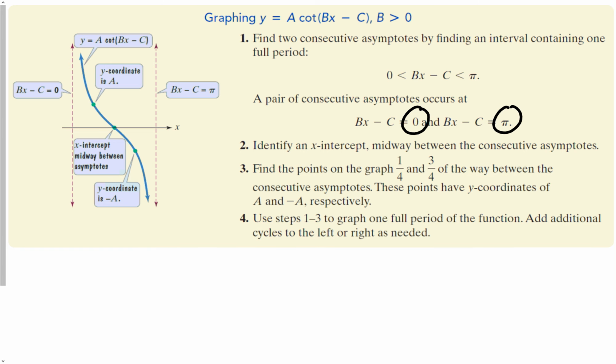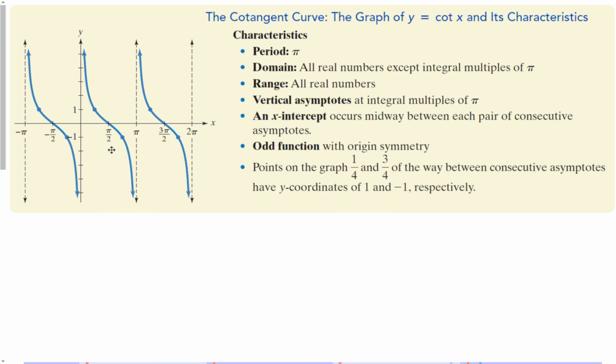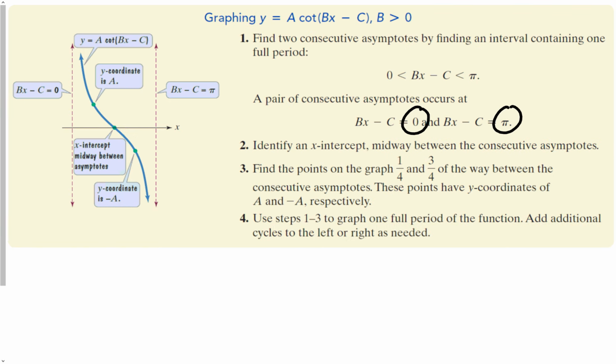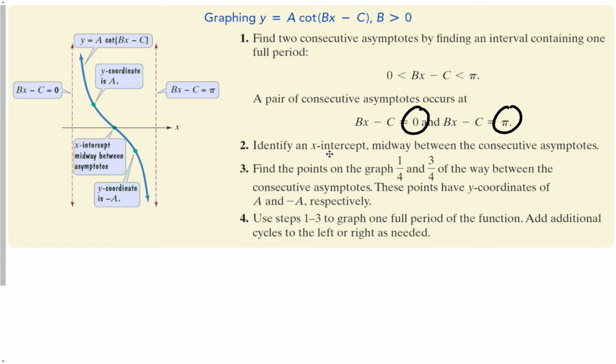So this function starts at 0 and finishes at pi with one period if you look at the parent function. That's our biggest difference here. Everything else is the same.